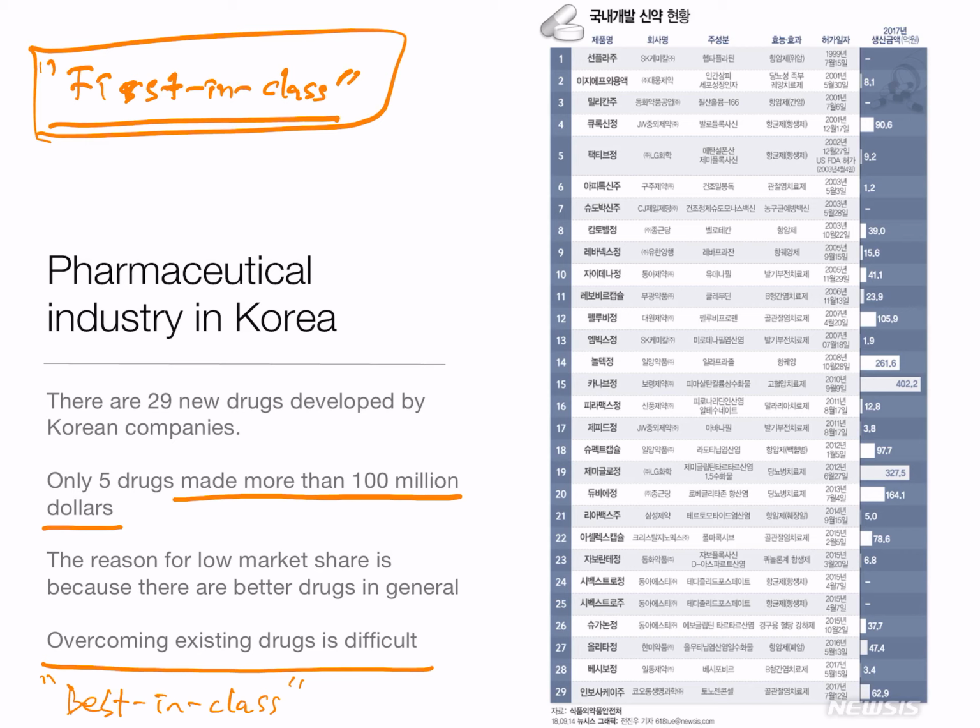If your drug is the first on the market, you will probably make a huge amount of money. But developing these first-in-class or best-in-class drugs is generally quite difficult.